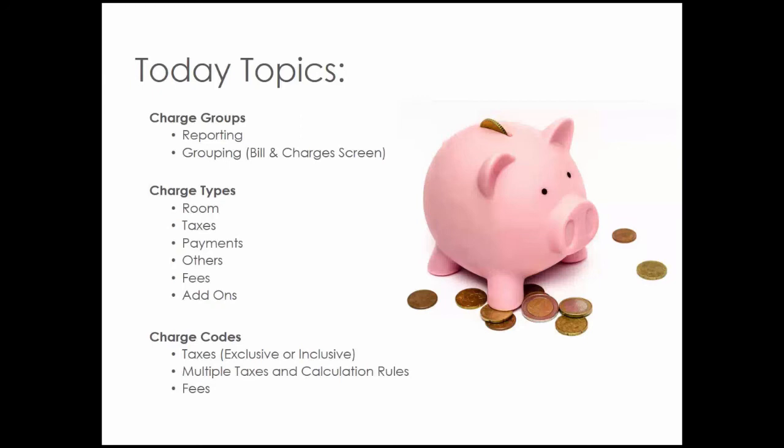So if you have a guest that's there for multiple nights, we'll have their room charges in the room section, and you might have taxes broken out, as well as food and beverage items and miscellaneous items. Beyond the reporting that you're going to do yourself, in the journal it's going to lump it together for the front office agents to look at on the bill, which can potentially save time.